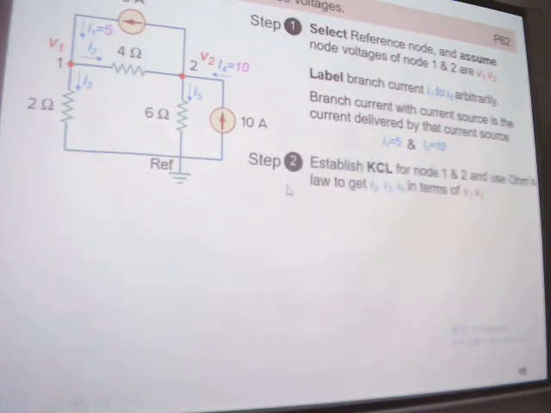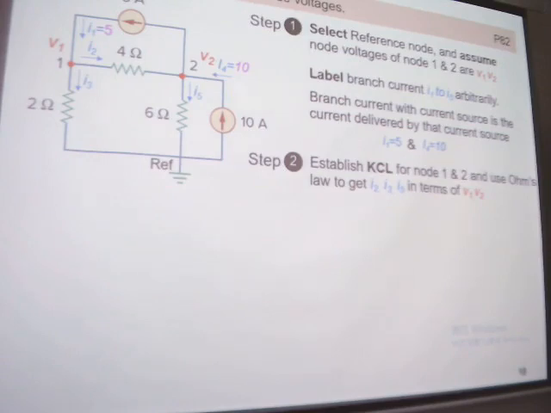And then step 2, we establish the KCL equations for those two nodes. Clearly, for this circuit we have 3 meshes, right? So if we use another method, we might have at least 3 equations. But we just have 2 independent nodes, so it's easy to know that if we use nodal voltage analysis, we just have 2 equations.